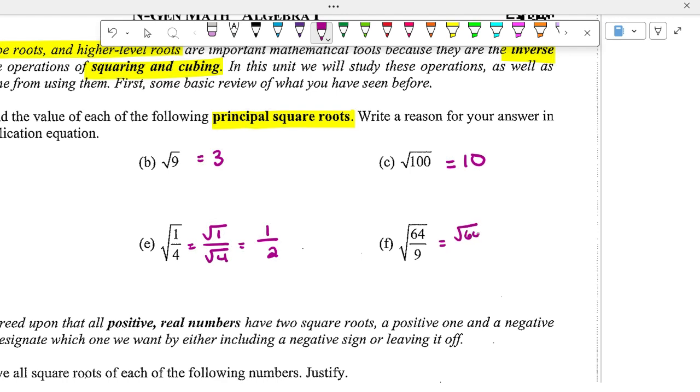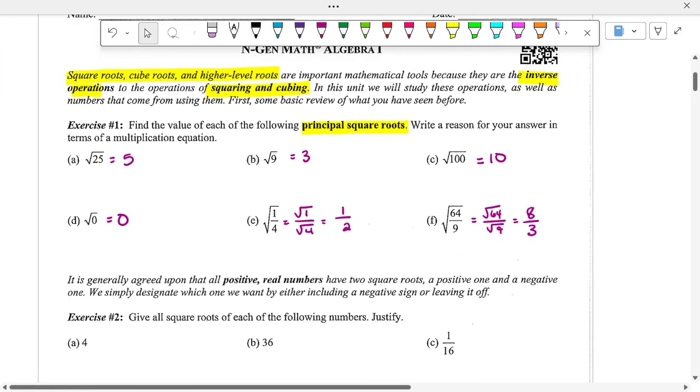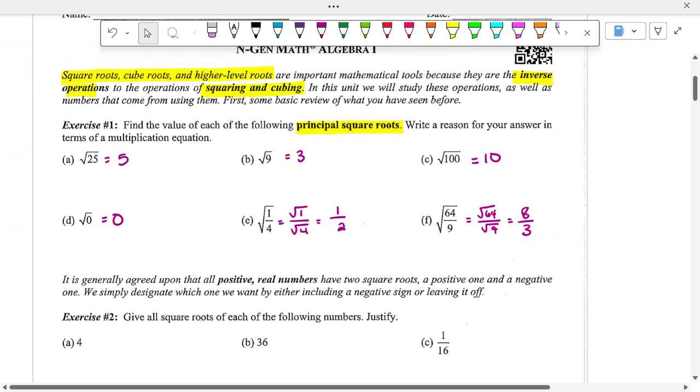So this would be the square root of 64 over the square root of 9, which is 8 over 3. So taking square roots of fractions, as long as there's a perfect square in both the numerator and the denominator, you take the square root of the top and the square root of the bottom. Why is this important? Knowing your perfect squares will help you simplify.